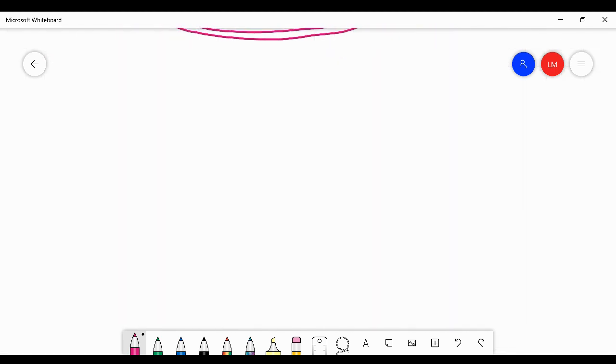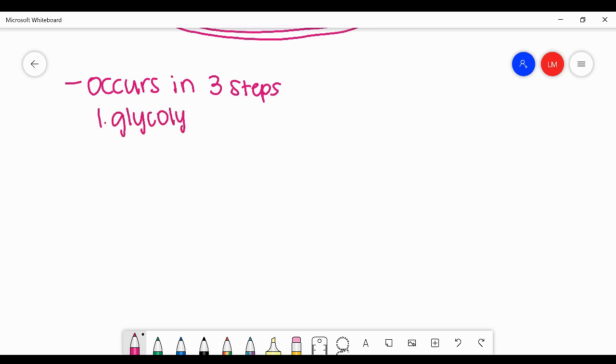Cell respiration occurs in 3 distinct steps. The first one is called glycolysis. The second one is called the Krebs cycle with a capital K because it's named after a person.